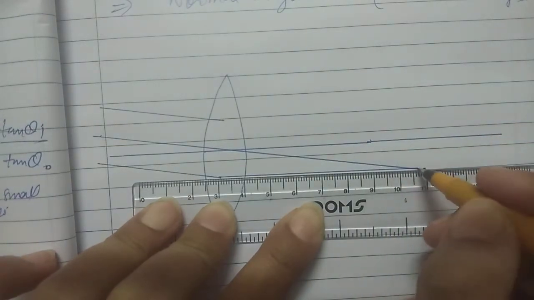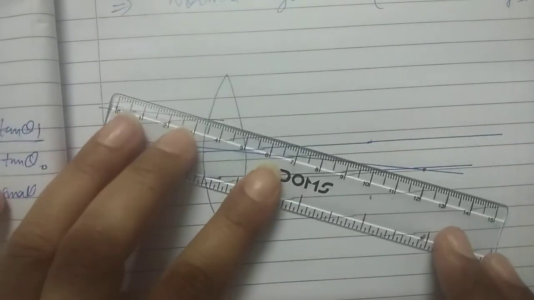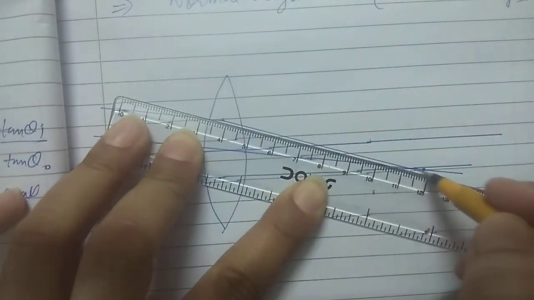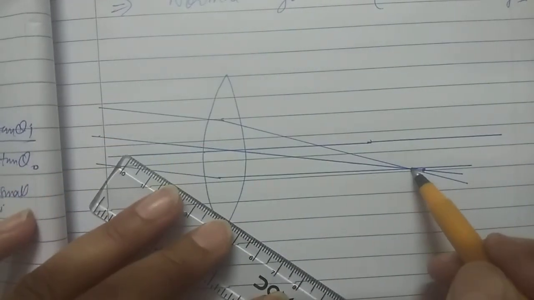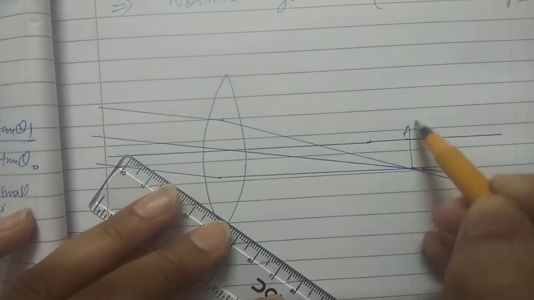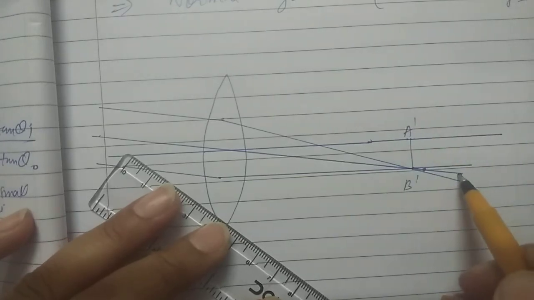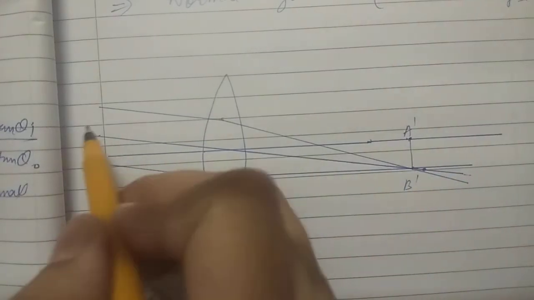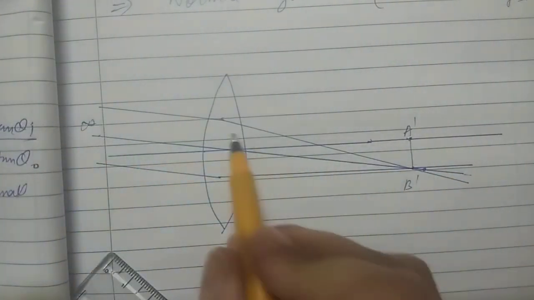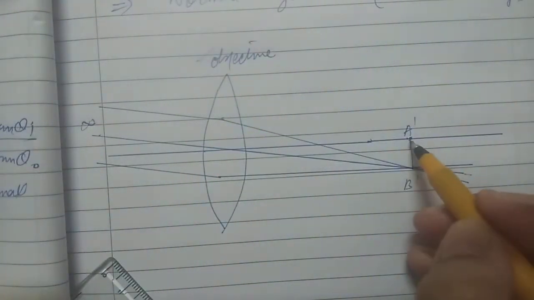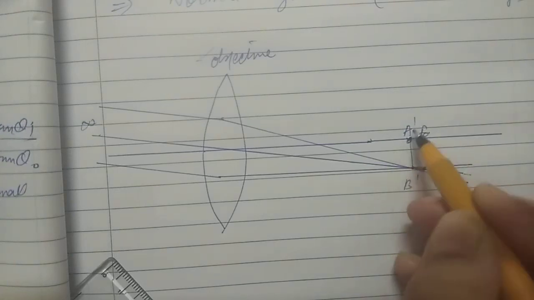So we are going to get the real image here. So this is the image A dash, B dash. Now you see this, when the object is at infinity, the image is formed at the focus of this lens. So this lens is the objective lens, and this image is formed at the focus of the objective. So this point is the focus of the objective.